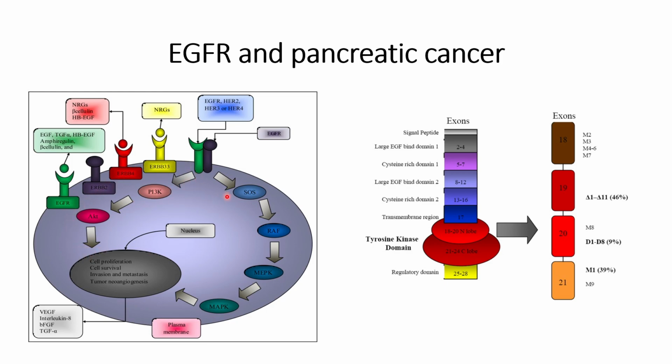The other pathway that will be activated is via SOS-RAF, MEK or MAPK, and also this RAS pathway will get activated. The function of these pathways is quite broad. The MAPK pathways help in cell proliferation, invasion and metastasis, and tumor neoangiogenesis, and these things we have already covered in our previous videos.